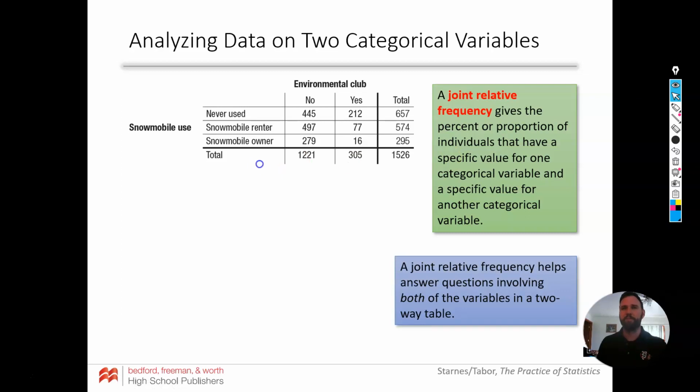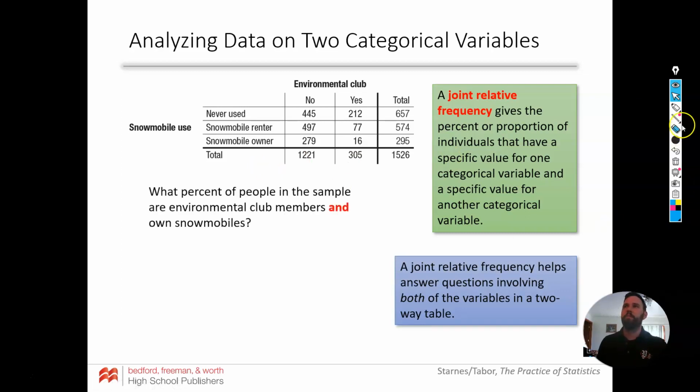So let's do an example. What percent of my peeps are environmental club members and own snowmobiles? All right. So I go up to environmental club owners. These are the years, right?